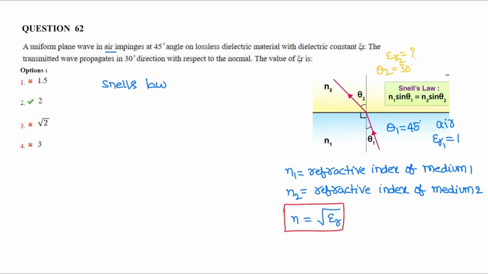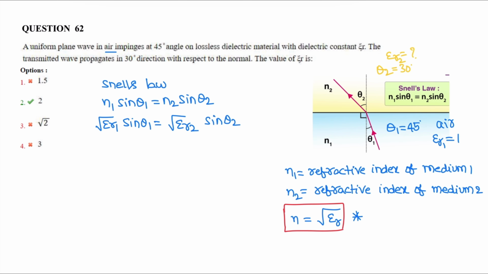Apply Snell's law. Refractive index n1 sin theta 1 is equal to n2 sin theta 2. We know the relation between refractive index and permittivity: refractive index is square root of permittivity. So square root of epsilon r1 sin theta 1 is equal to square root of epsilon r2 sin theta 2.